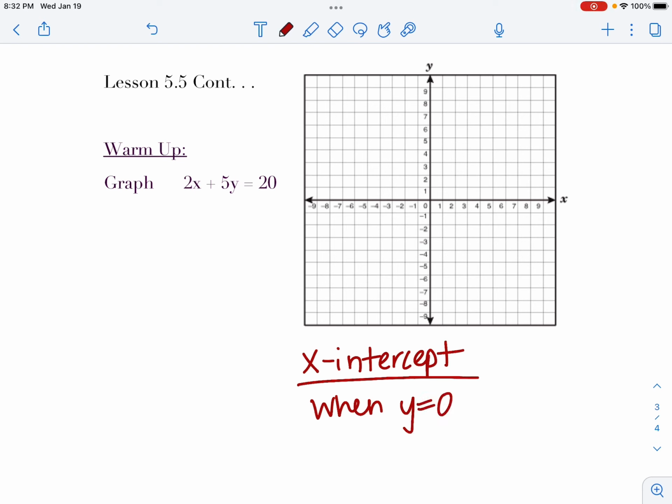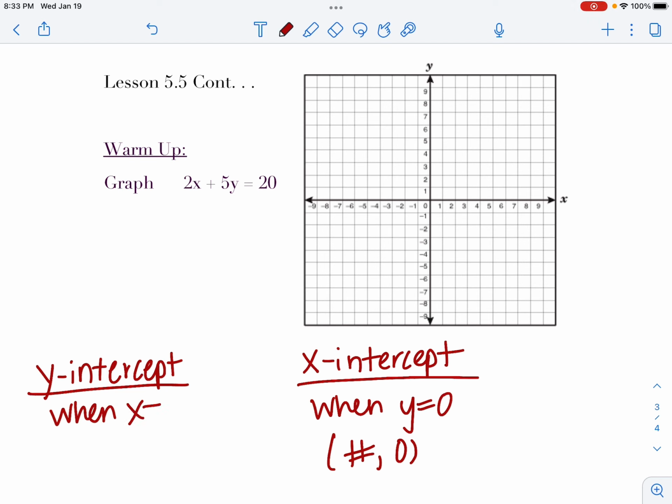So that means that the x-intercept is always going to follow the ordered pair of some number, comma, 0. And our y-intercept is going to follow the pattern when x equals 0. So that ordered pair will always follow the pattern of 0, comma, some number.